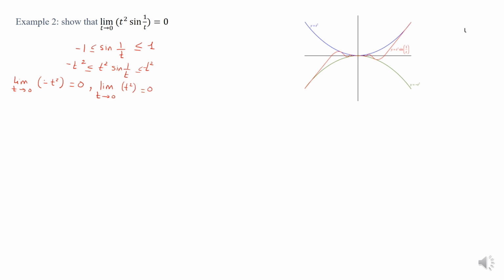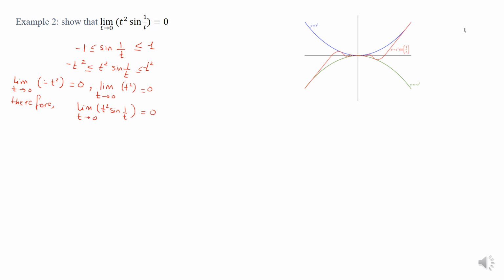Since both outer limits are equal to 0 and the function is trapped between these two functions, the sandwich theorem applies. Therefore, the limit of t squared sine 1 over t as t approaches 0 is equal to 0.